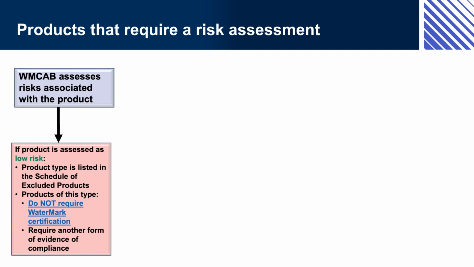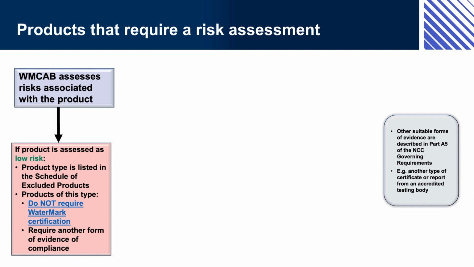If a product is assessed as low risk, the product type is listed in the Schedule of Excluded Products. Products of this type do not require WaterMark certification, but require another form of evidence of compliance. Other suitable forms of evidence are described in Part A5 of the NCC governing requirements, e.g., another type of certificate or report from an accredited testing body.